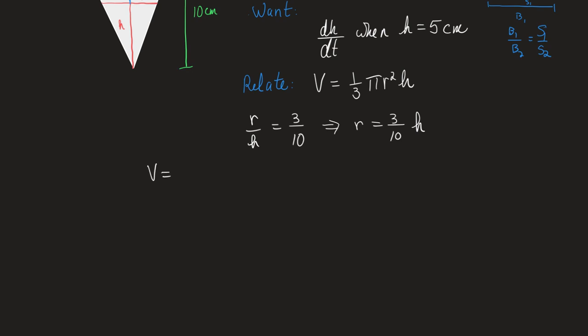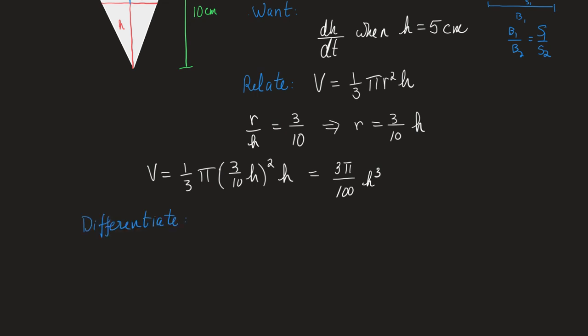And so what I have is V is 1/3 pi times 3/10 H squared times H. And that's equal to 3 pi over 100 H cubed.